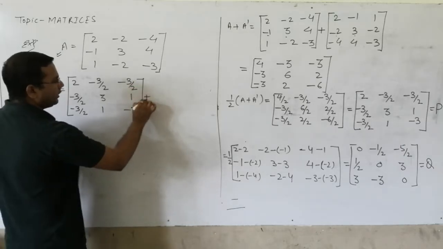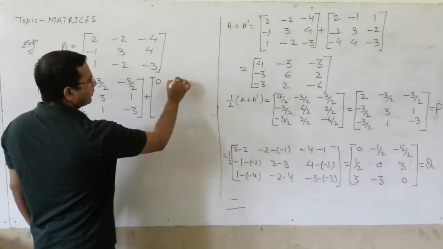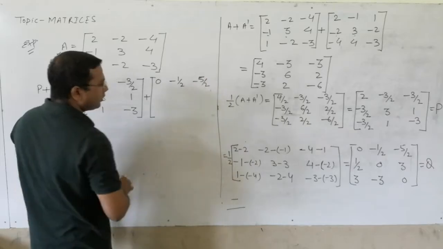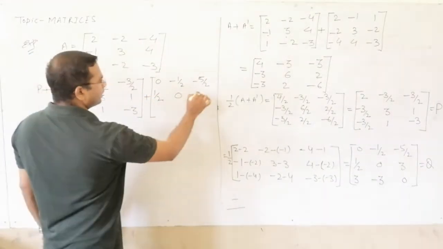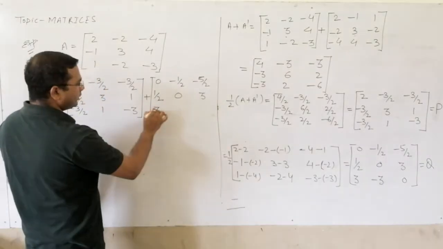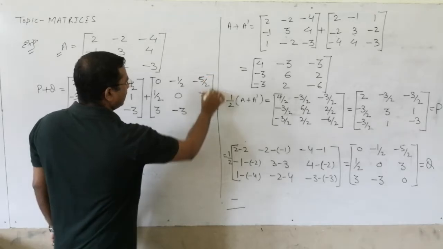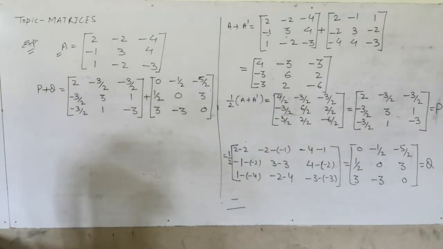This I am adding to the matrix Q. Matrix Q is 0, minus 1 by 2, minus 5 by 2, and 1 by 2, 0, and 3, 3, minus 3, and 0. These two matrices when you add, what will you get? Let us see.